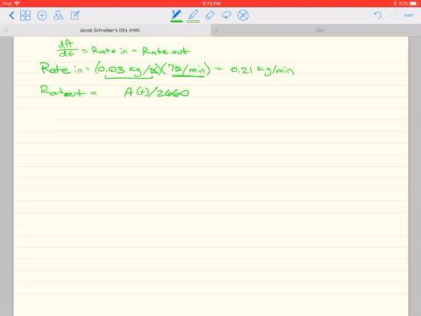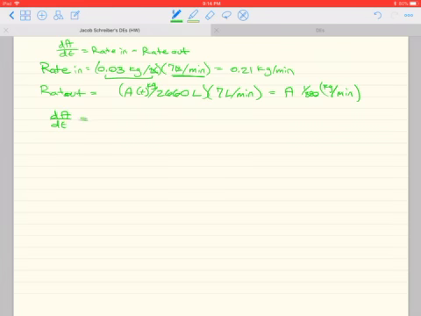There's our concentration with respect to time, in kilograms per liter. And then by this rate here, 7 liters per minute, this just simplifies to A times 1 over 380 kilograms per minute.